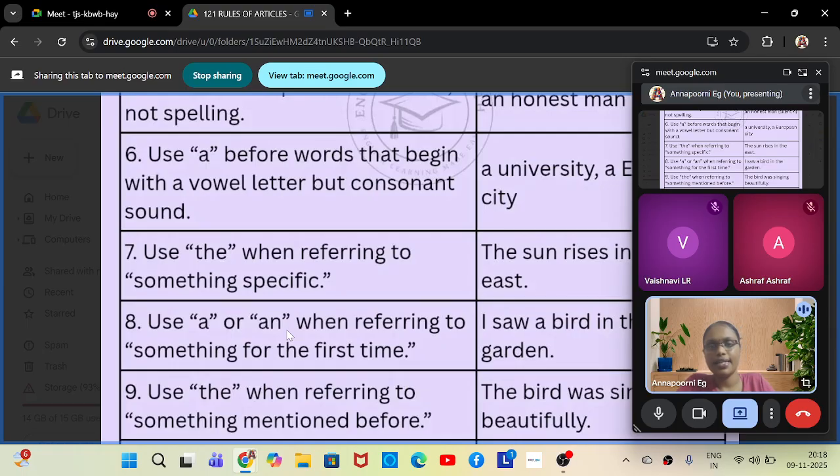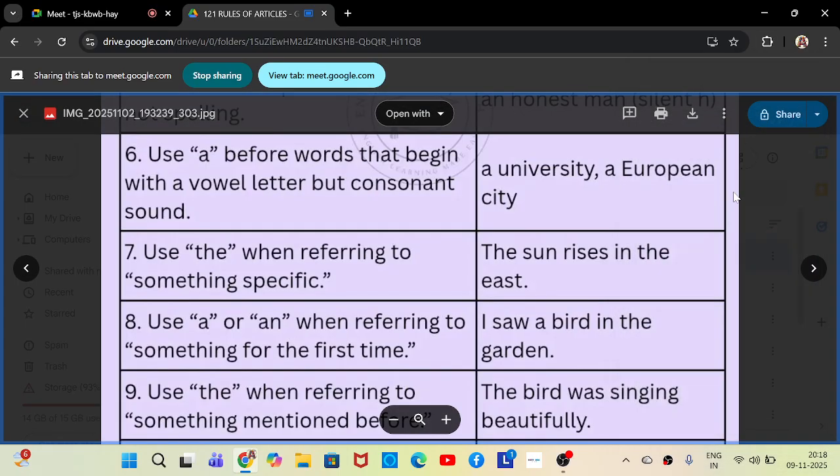How is it possible? It's possible. For example, a university, a European city, etc. University starts with U, European starts with E. Are U and E vowels or consonants?